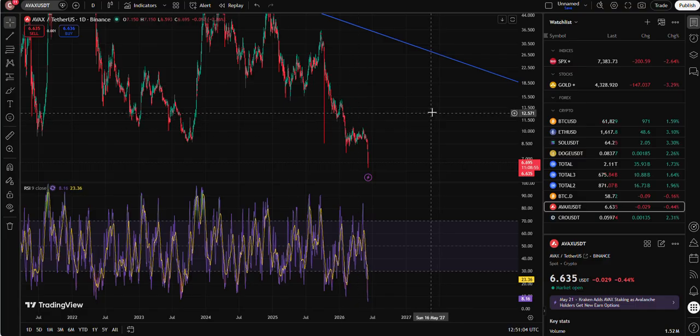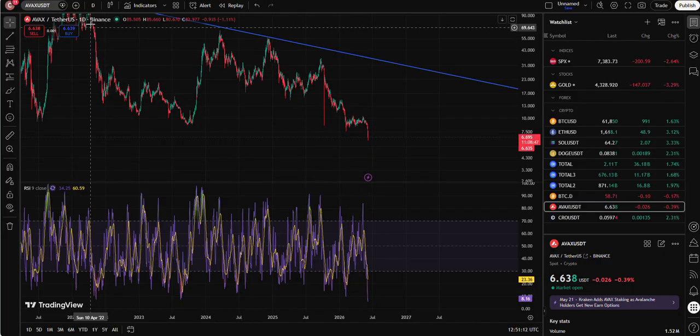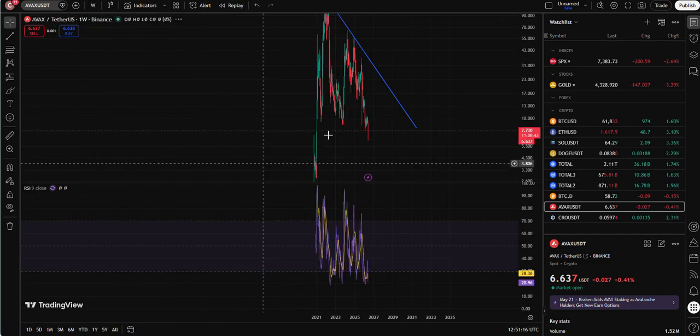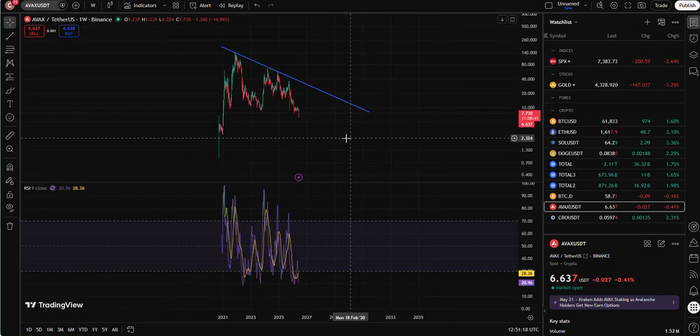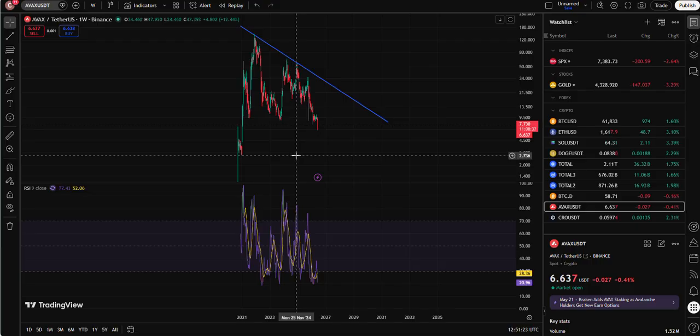AVAX. If you still believe in AVAX, but again, here is again very low here. So AVAX, let's go on the weekly. We still have 1 minute. Yeah. So this is the minimum point what we can go.